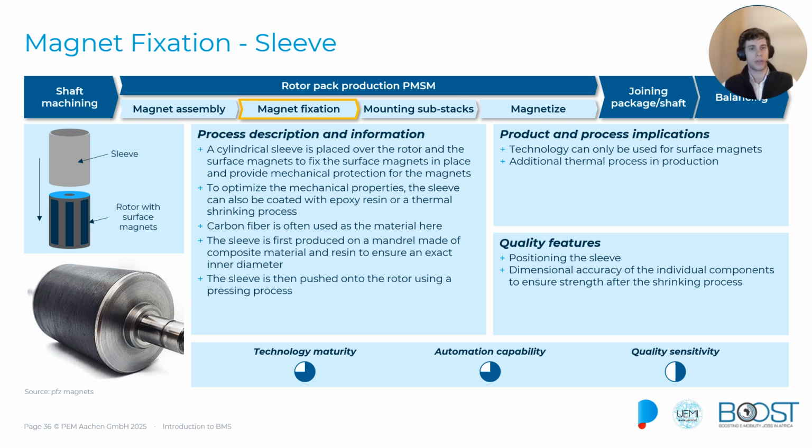The sleeve is then positioned onto the rotor, ensuring proper alignment and secure placement. This method provides mechanical support and stability, keeping the magnets firmly in place during rotor operation while protecting them from external forces.